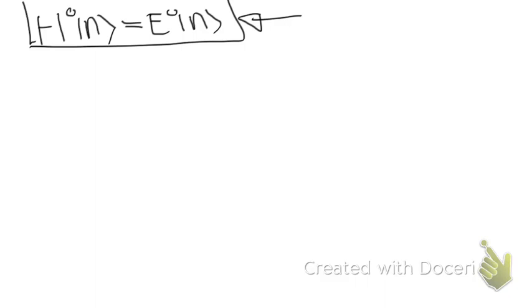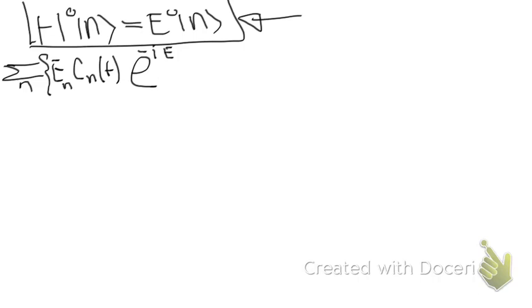I will get the sum over n of all my E_n, c_n as a function of time, and I'll have my exponential of negative iota E_n t over ħ.